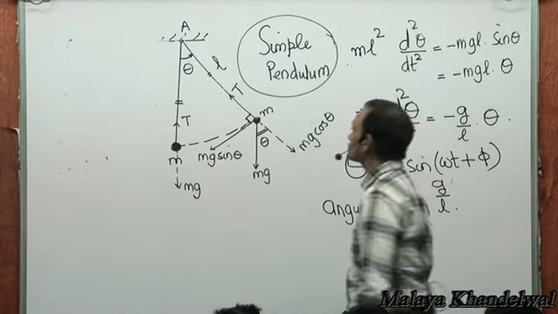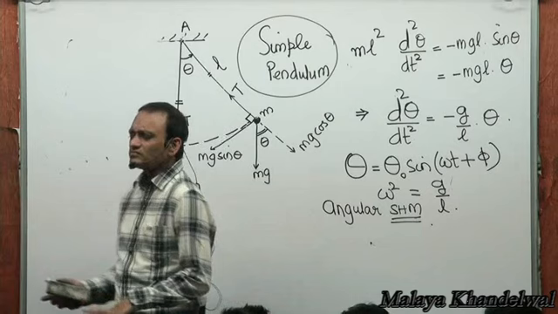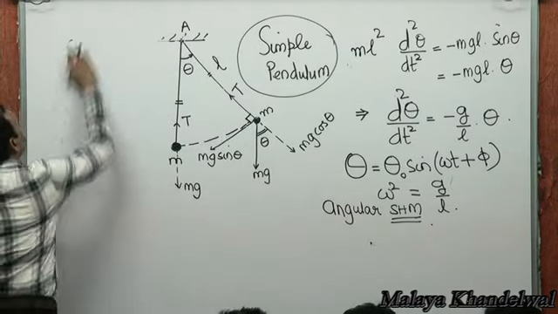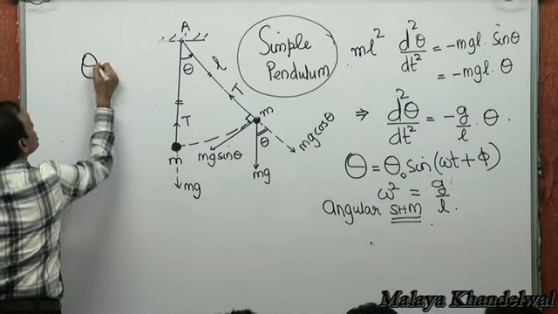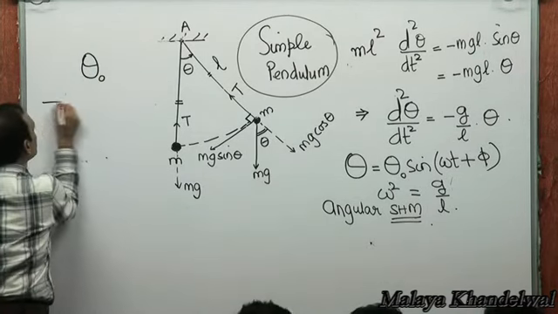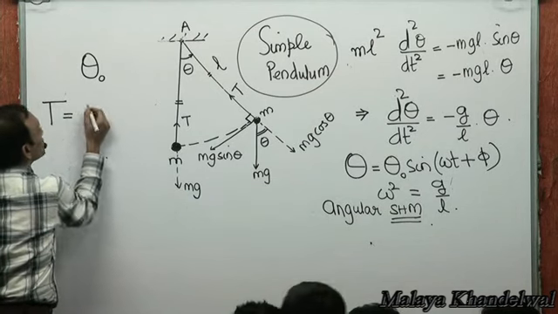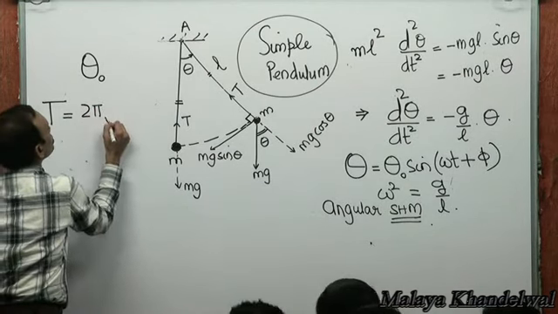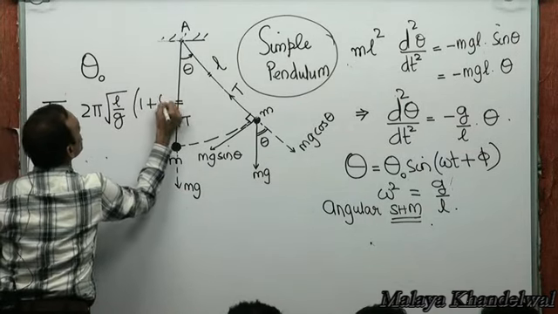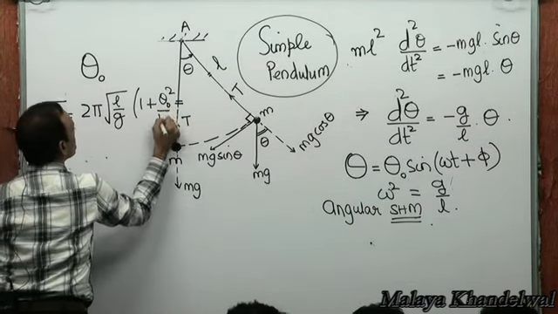In fact, just a little beyond, but not required: if theta naught, which is the amplitude, is not very small, then a superior approximation to the time period is given by 2 pi root L by g into 1 plus theta naught squared by 16.